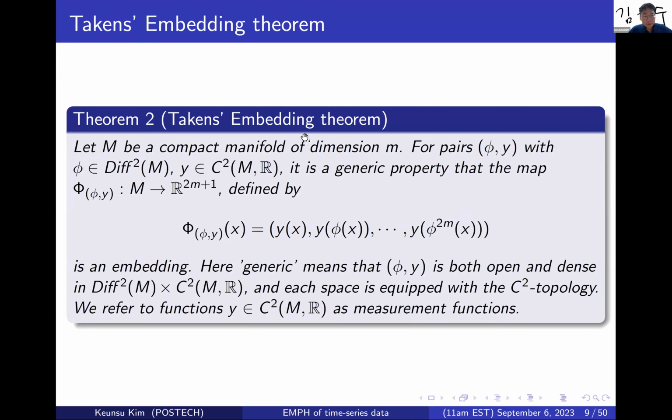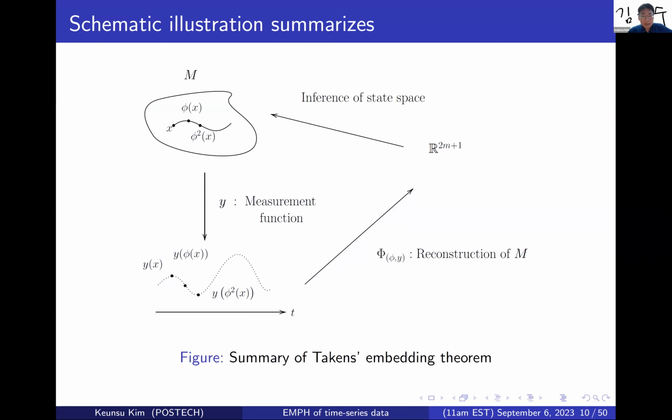Before introducing the Liouville torus, it is important to understand the meaning of sliding window embedding for time series data. We can derive the motivation from the Takens embedding theorem. The following schematic illustration summarizes the Takens embedding theorem.